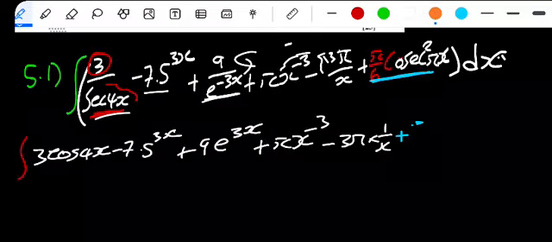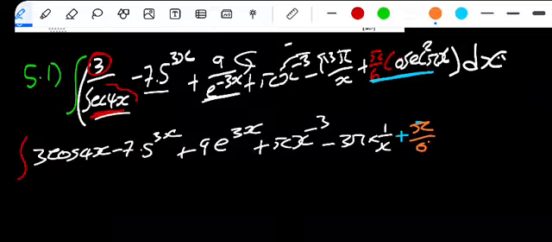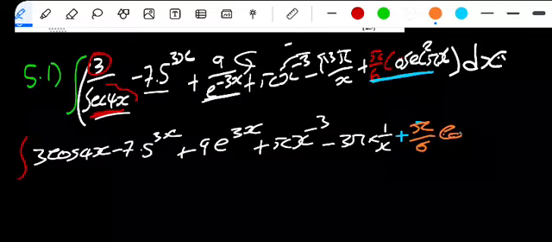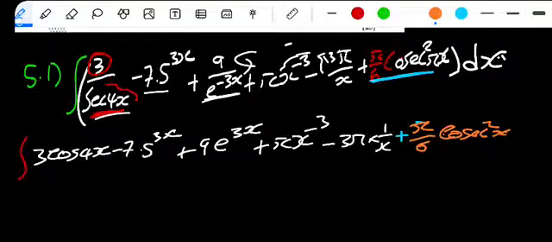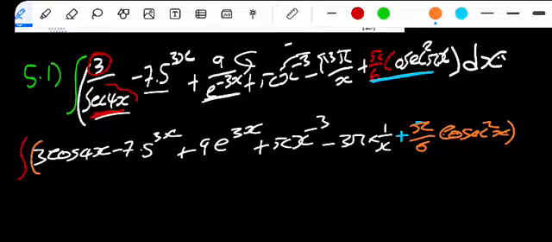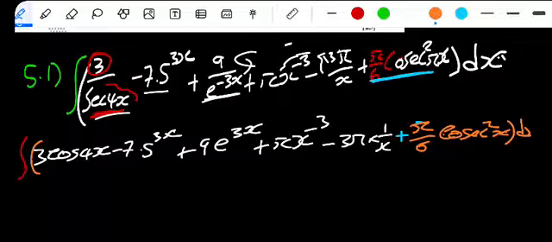We can simply integrate this pi over 6 multiplied by cosecant squared x. All of these must have dx.